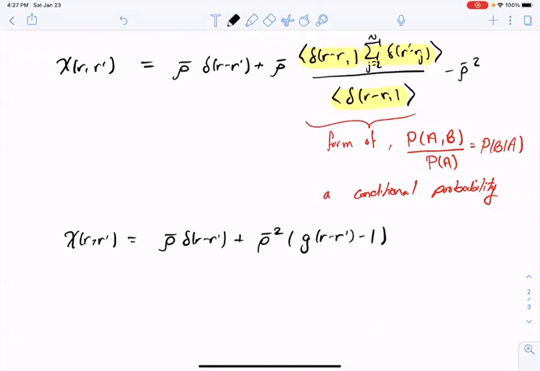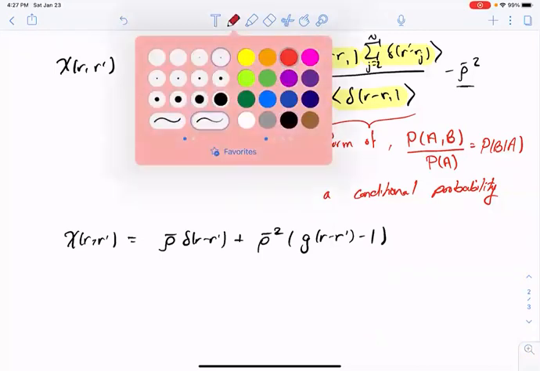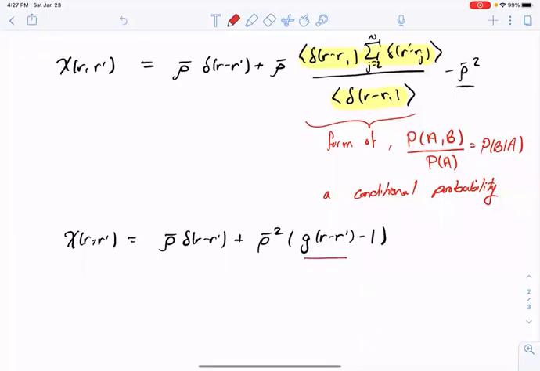The 1 coming from the bulk density squared we had before. That g of r is a so-called radial distribution function.